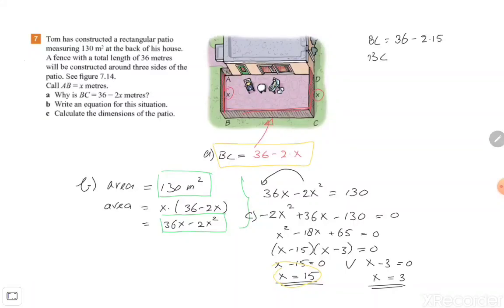So BC is equal with 6 meters. And x needs to be 15.